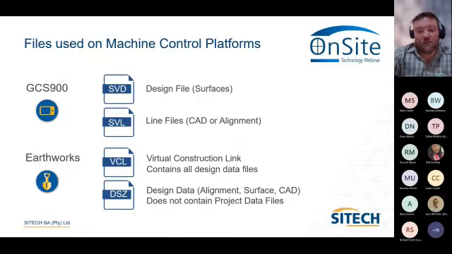We also use our VCL files in Trimble SiteWorks and Trimble Business Center, because it's easier to work with one file and have multiple designs on that one file, so you don't need to export each design separately. So basically, this is the platform or the file extensions that we need for our machine control system.